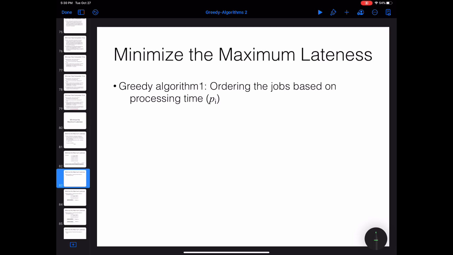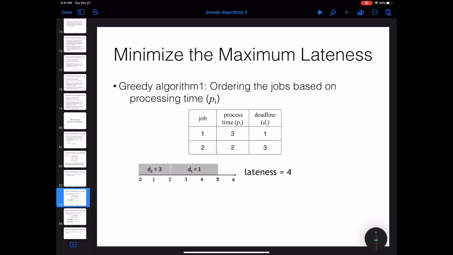It is similar to the greedy strategy that we had for the previous problem, which was minimizing the total completion time. And I can simply find a counterexample for this. This is not going to give me the optimal answer.